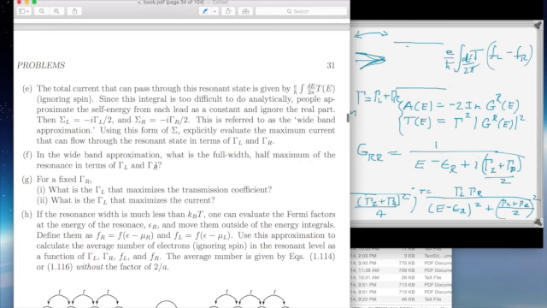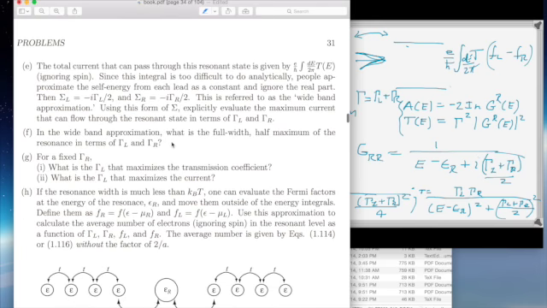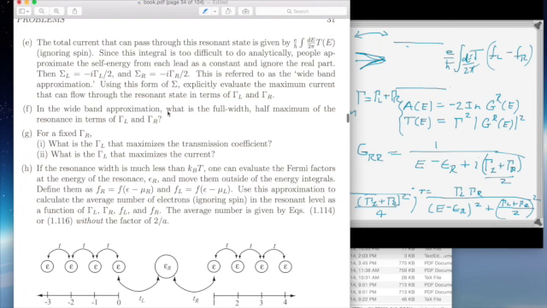Okay, I guess we already did F. So this is often when you set these self-energies just to be a constant. It's called the wideband approximation, because there's no energy dependence to these self-energies. So F is what we just did. This is a full width at half maximum.